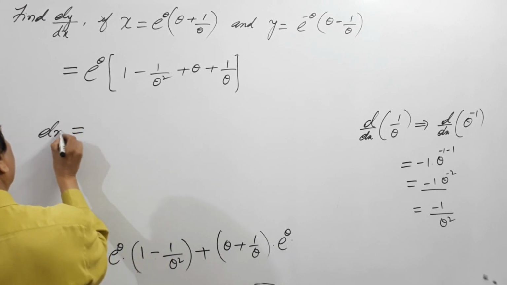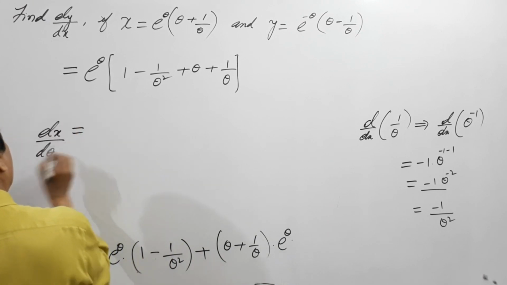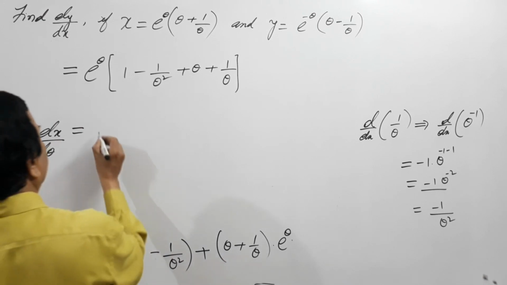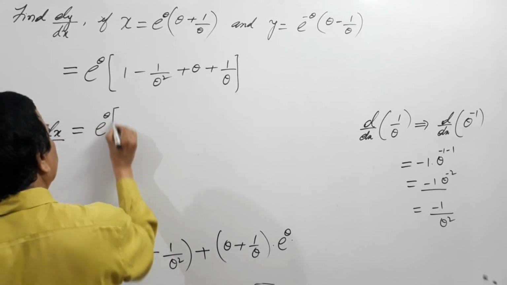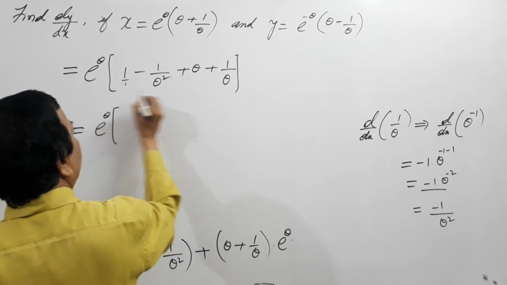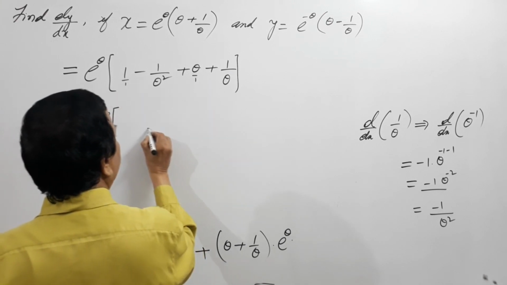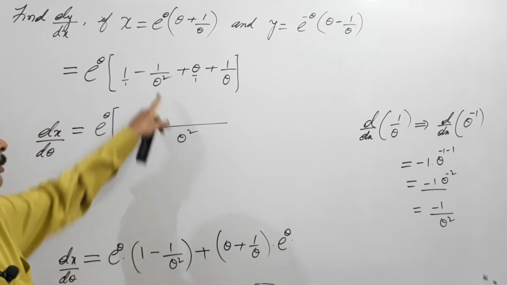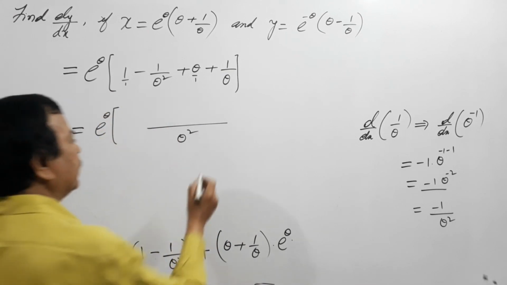This is dx by d theta. Keep writing this on the left hand side, even if I forget, you don't forget. So dx by d theta is e to the power of theta, and theta square is the LCM.